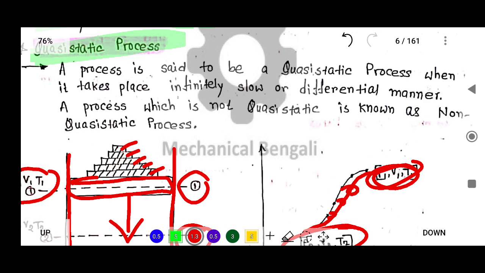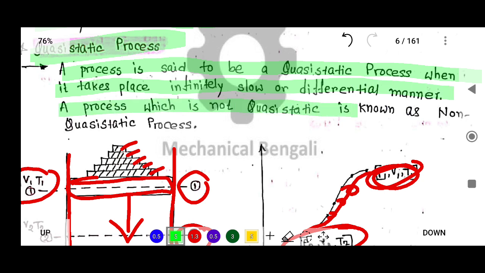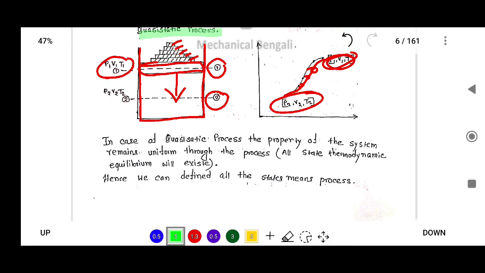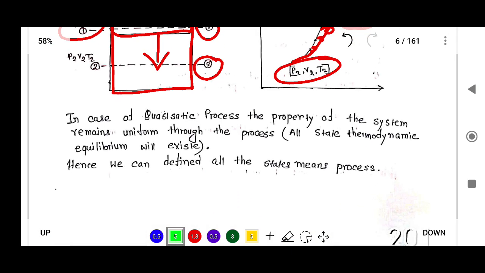So what is quasi-static process? A process is said to be a quasi-static process when it takes place in an infinitely slow or differential manner. A process that is not quasi-static is known as non-quasi-static process. Now, in case of quasi-static process, the property of the system remains uniform through the process.